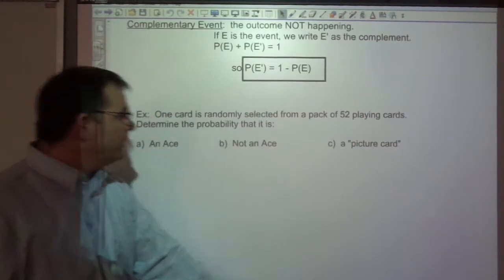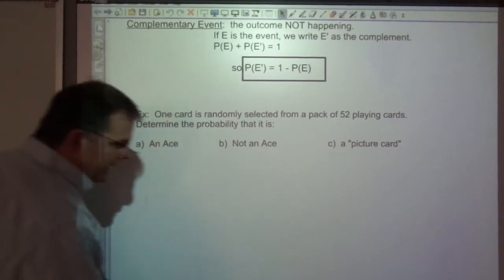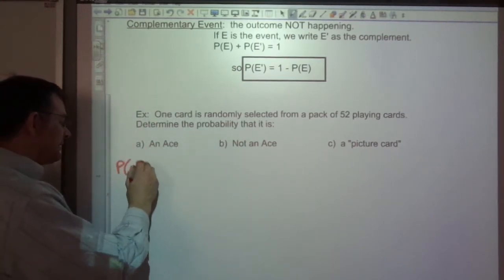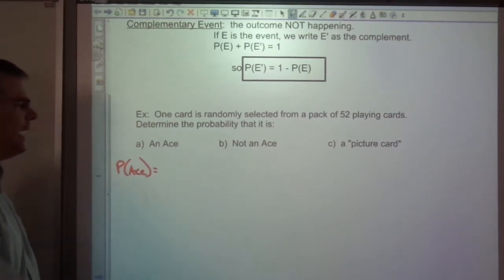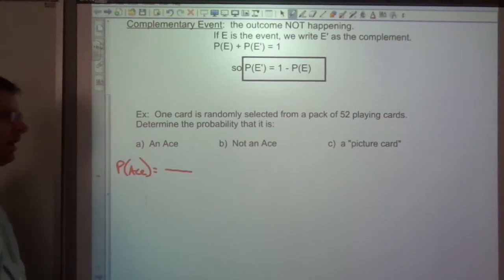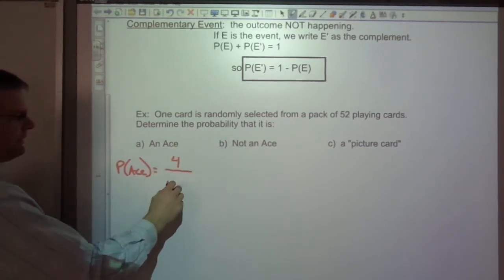Okay, here's an example. One card is randomly selected from a pack of 52 playing cards. Determine the probability that it is an ace. So to find the probability that it's an ace, we need to think how many aces are there in the deck divided by how many total cards. There are 4 aces and the sample space is 52.